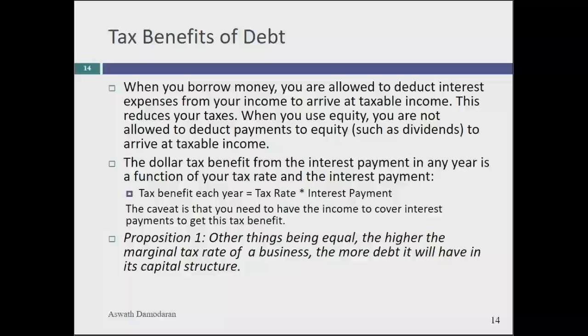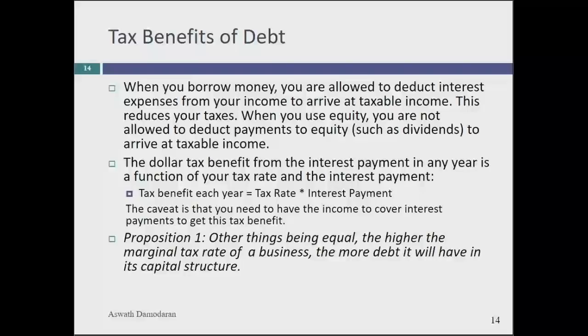When you borrow money, interest expenses are tax deductible. When you raise equity, the cash flows come out of after-tax cash flows in much of the world. So let's start with a very basic proposition. The tax benefit of debt comes from the fact that interest is tax deductible. The higher your marginal tax rate, notice I didn't use effective tax rate, the marginal tax rate, the greater the tax benefit of debt. Why am I using the marginal tax rate? Because interest saves you taxes at the margin.